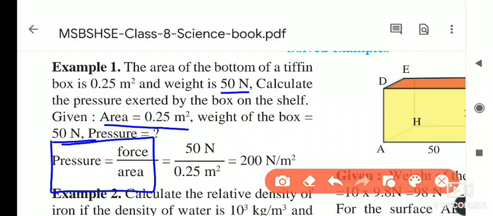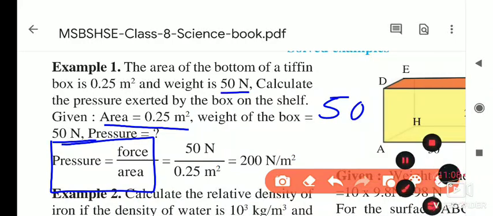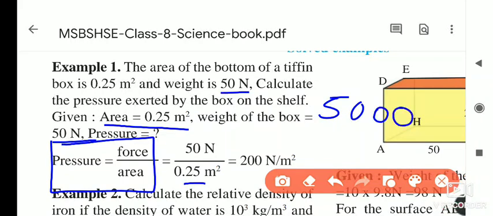Whenever you are solving this question, first write 50 in the numerator, and in the denominator there are 2 digits after the decimal point. To remove that point, we have to add 2 zeros in the numerator, and then you can write 25 as a whole number instead of a decimal.